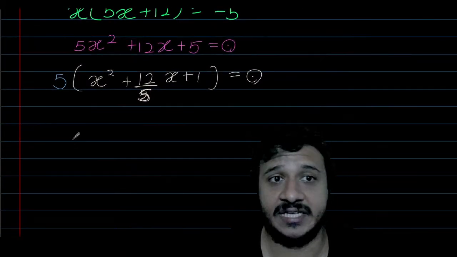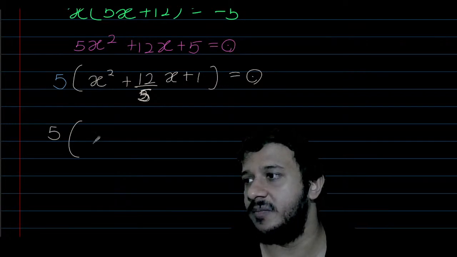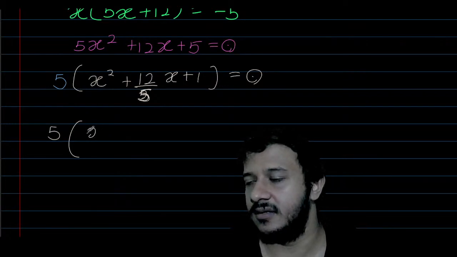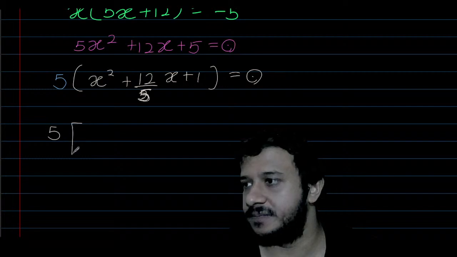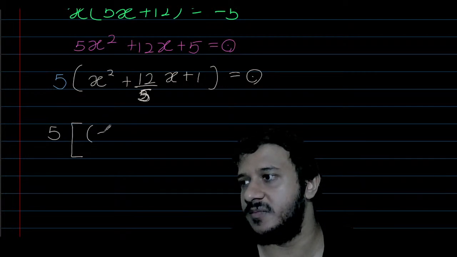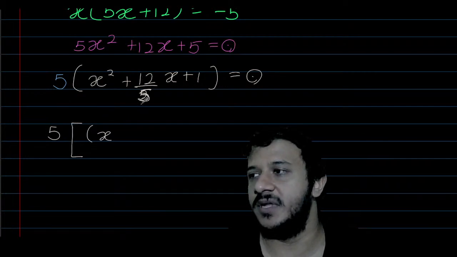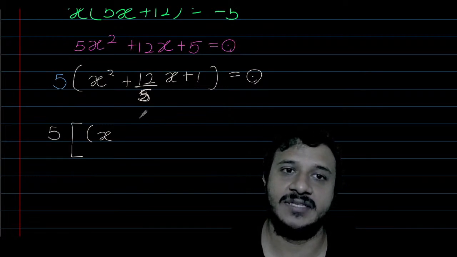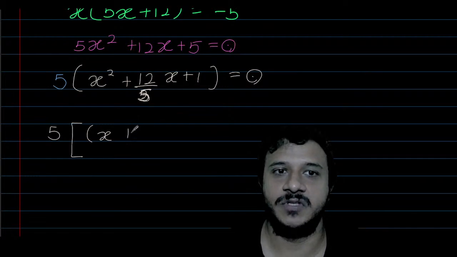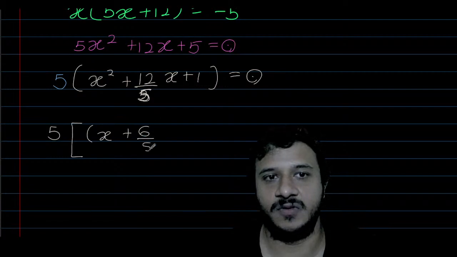And then let's quickly get it done. So 5 bracket, x square comes down as x. The plus 12 over 5 will come down as half of it, which will be plus 6 over 5.